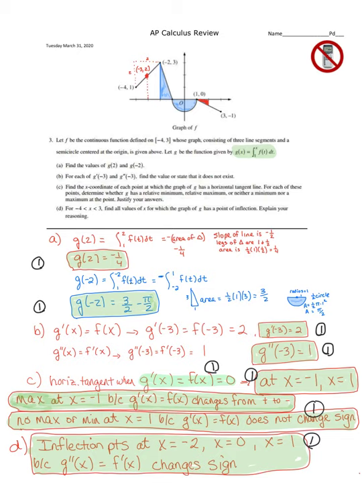The second point is the justification, and that's because g double prime, which is equal to f prime, changes sign at those places. And that would be all 9 points: 1, 2, 3, 4, 5, 6, 7, 8, 9. And that's how they scored this particular problem and how they do a lot of the scoring.